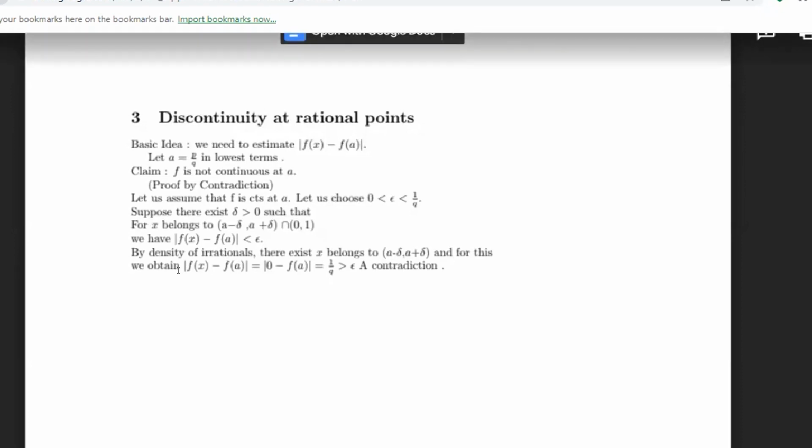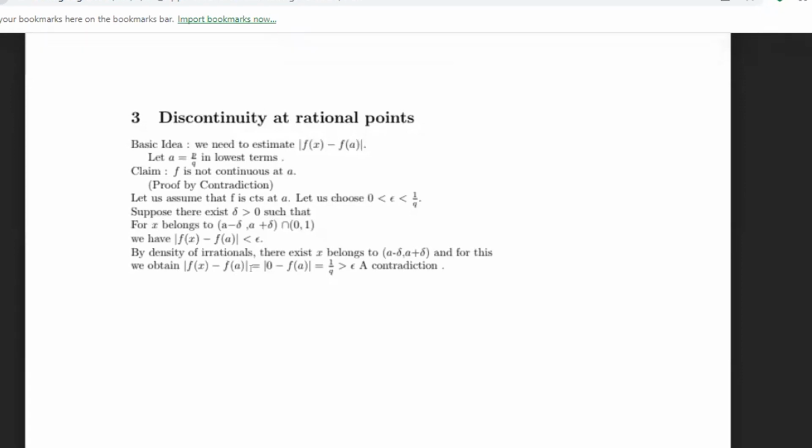For this, we get f(x) minus f(a): as x is irrational, f(x) will be 0, and as a is rational, f(a) will be 1 by q. So it will give us 1 by q, which is greater than epsilon, as we have chosen epsilon to be less than 1 by q. So this leads to a contradiction.